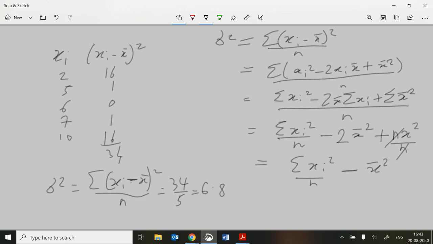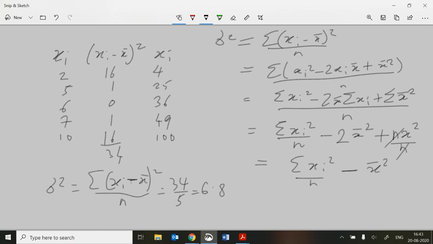Now we can do the whole thing, this sigma squared, like this instead. In fact, this turns out to be nicer a lot of the time in tables. Actually here it doesn't make too much difference because the numbers are smaller, but if we just do xi squared, we've got 4, 25, 36, 49, and 100.